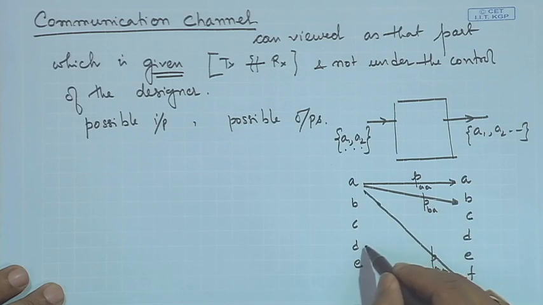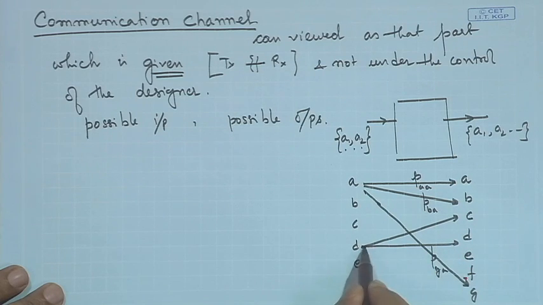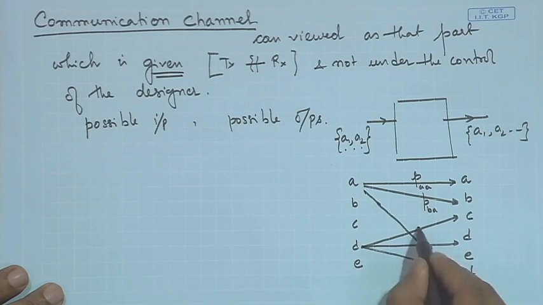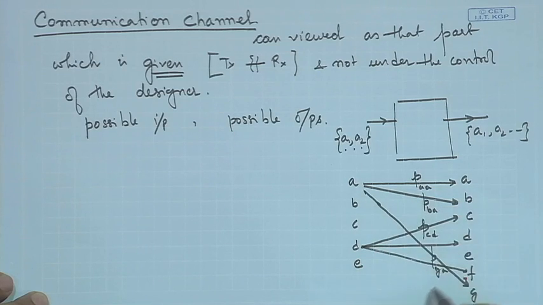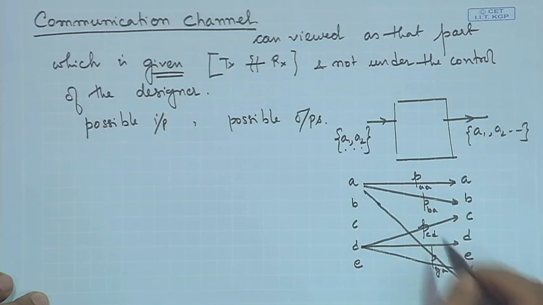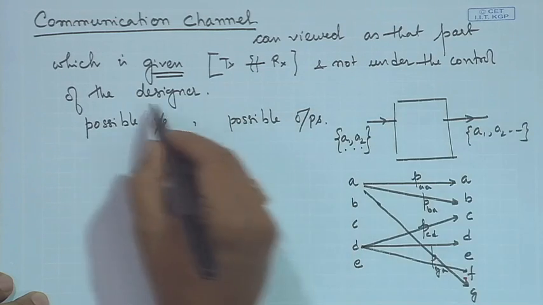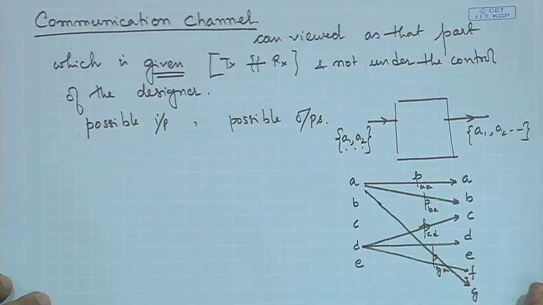Similarly, when a D comes in, D could become a C, it could become a D, it could become an F with certain probabilities P_CD, and so on. Now, these probabilities are basically characteristics of this channel. So, it is a set of input, it is a set of output, and the way these changeovers happen is a property not under the control of the designer. This is what is meant by this particular statement.